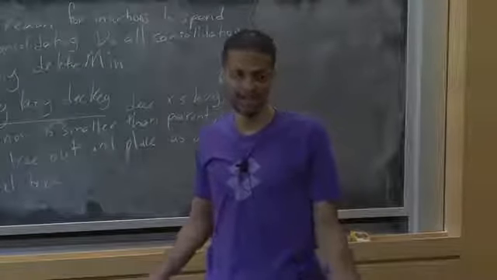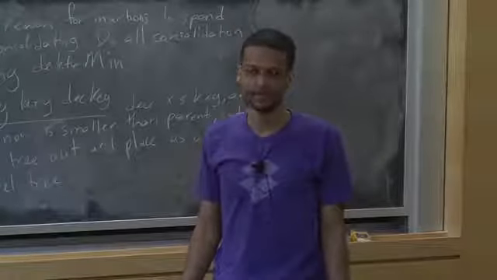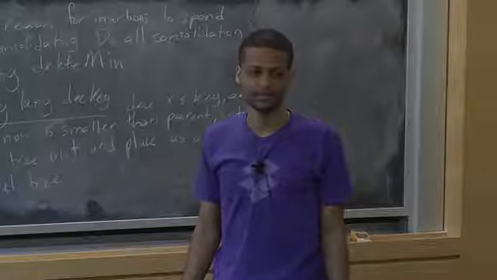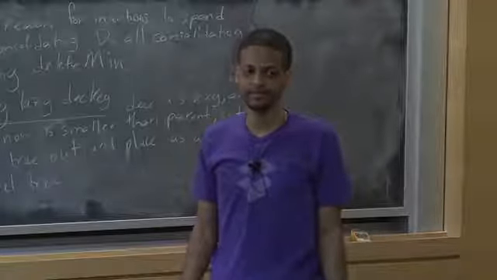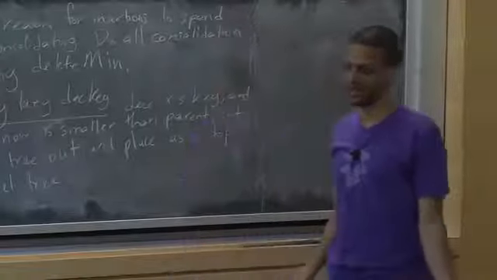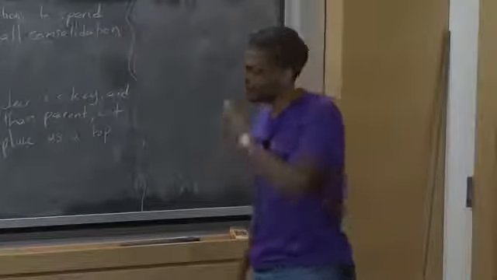Log n. And why is that? Each tree of rank k is of size 2 to the k. We only have n items, so we can't have a tree of rank bigger than log n.